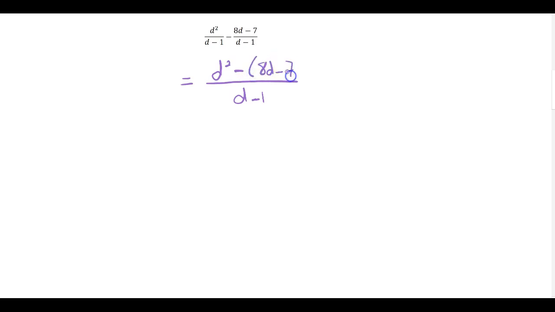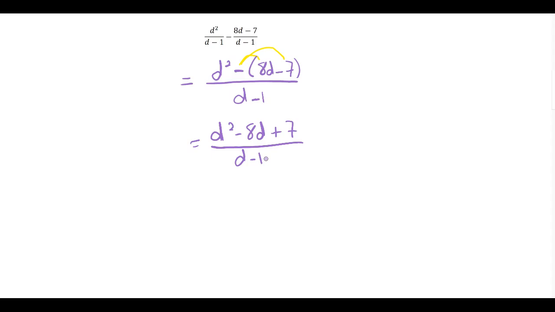I'm subtracting this entire numerator for the second one, so I need to put it in parentheses. That way, whenever I start simplifying, I distribute this minus sign in here, and I get d squared minus 8d plus 7 over d minus 1.